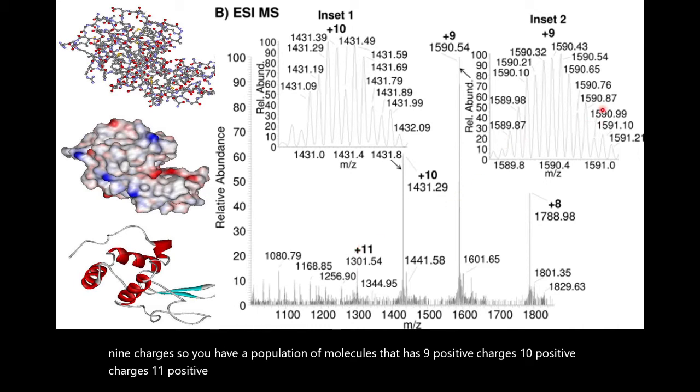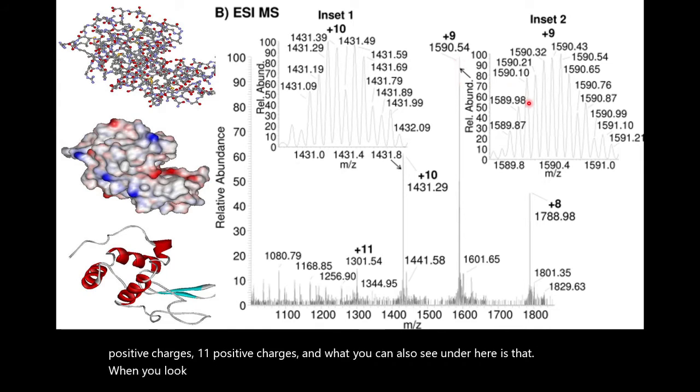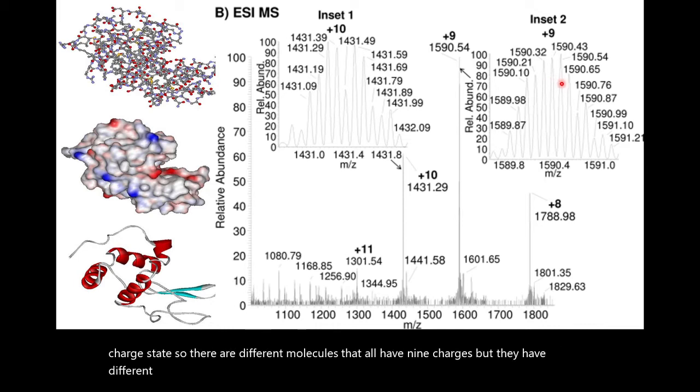And what you can also see is that when you look deeply into a charge state, you find the isotopes of that charge state. So there are different molecules that all have 9 charges, but they have different numbers of C13 atoms in the molecule.